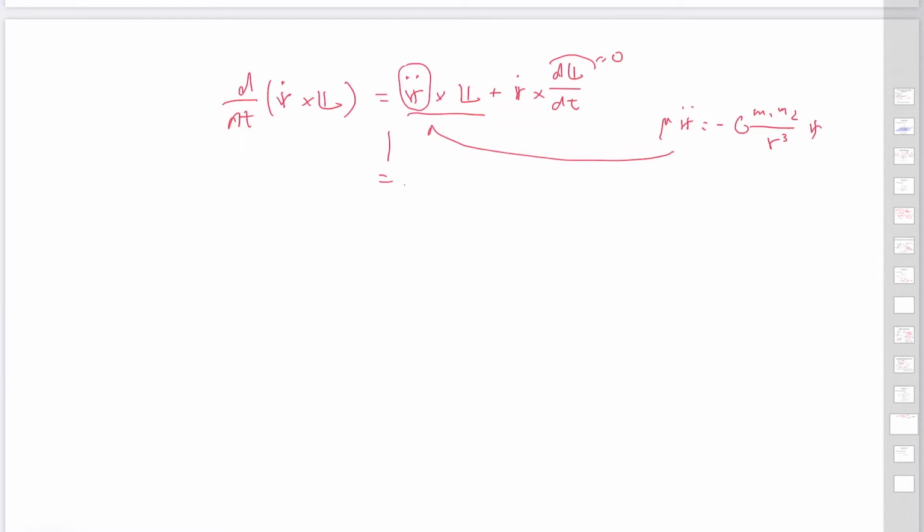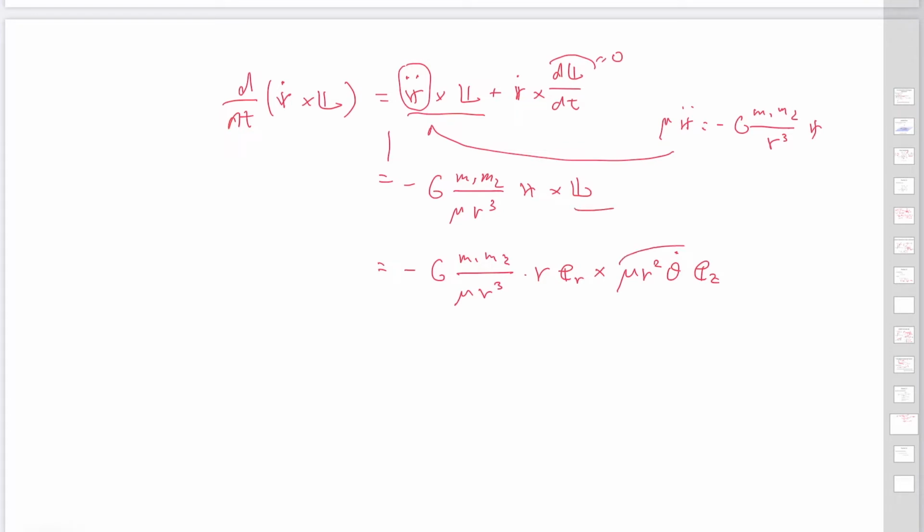Then it becomes minus G m sub 1 m sub 2 over mu r cubed, r vector cross L. Then minus G m sub 1 m sub 2 over mu r cubed, this is r e r cross mu r squared theta dot e sub z.